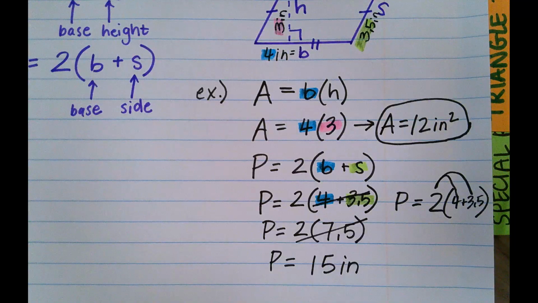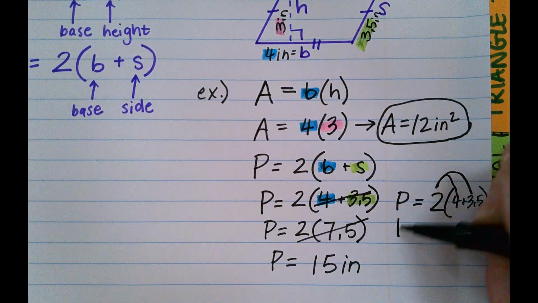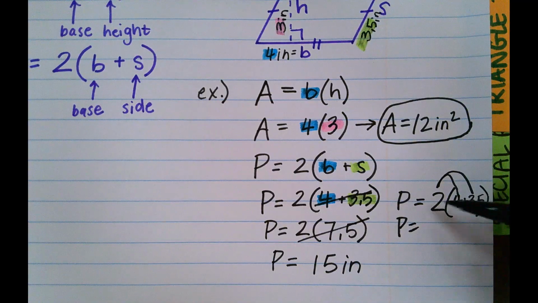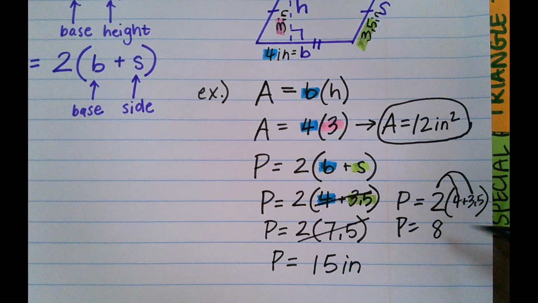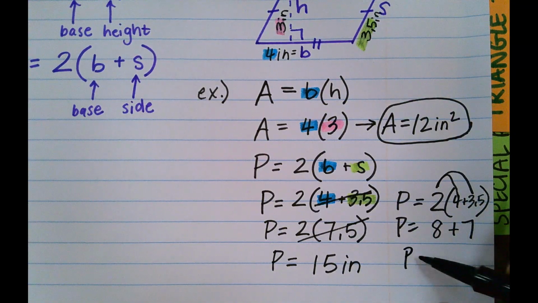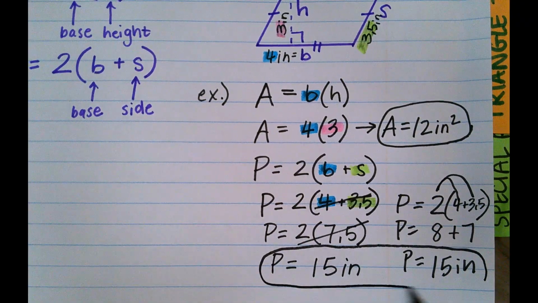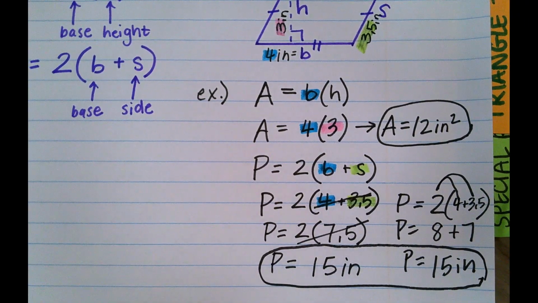Either way, we should get the same answer. I think the first way might be quicker though. 2 times 4 is 8, plus 7. And 8 plus 7 is still 15. Both ways will work. Whichever way you're more comfortable with is just fine.